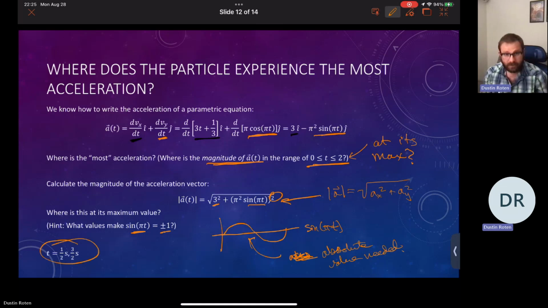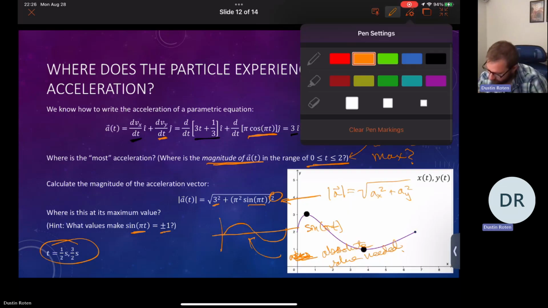Well, it turns out that at t equals 1/2 seconds, that's when sine is at its max. And if we go around to t equals 1.5 seconds, or 3/2 pi, that's when it's going to be -1. But it's squared, so the -1 becomes a positive.